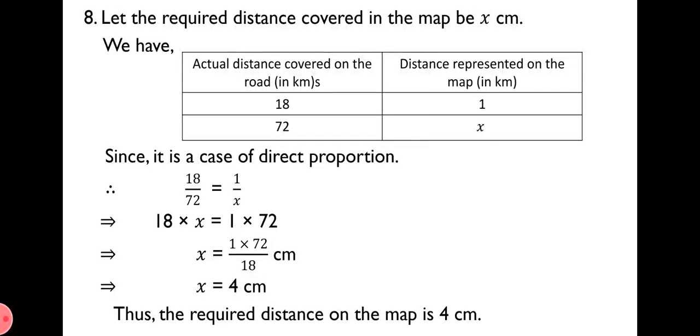Next, question number 9. A 5 meter 60 centimeter high vertical pole casts a shadow 3 meters 20 centimeter long. Find, at the same time, number 1, the length of the shadow cast by another pole 10 meter 50 centimeter high, and number 2, the height of a pole which casts a shadow 5 meter long.